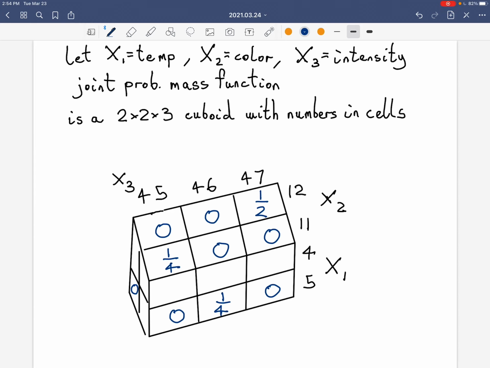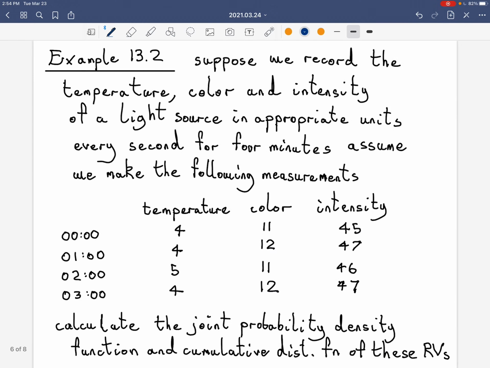Let's say x1 is temperature, x2 is color, and x3 is intensity. The joint probability mass function is a 2 by 2 by 3 cuboid, because x1 takes 2 possible values, 4 and 5, the color takes 2 possible values, 11 and 12, and the intensity takes 3 possible values, 45, 46, and 47.